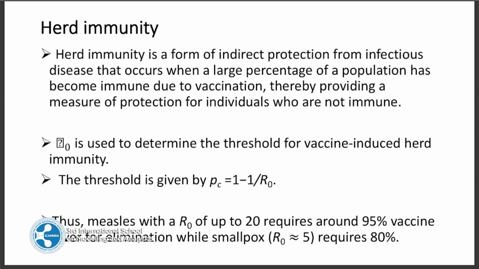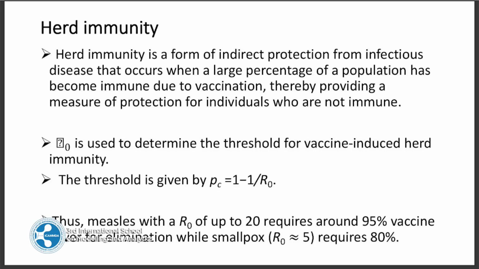So, as such, we can make use of this concept to know the percentage of people that one needs to vaccinate. And for an illustrative example, measles with R0 of up to 20 requires around 95% vaccine cover for elimination, while smallpox with R0 approximately 5 requires 80%.